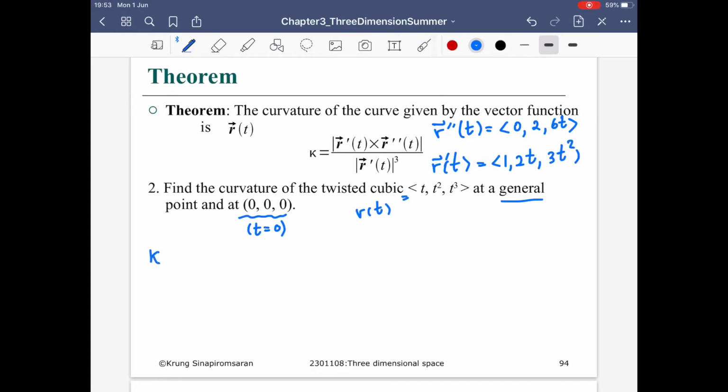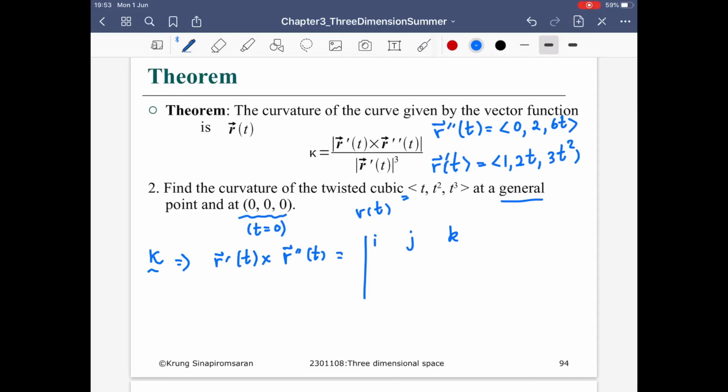So let's look at the kappa at the general point t. What you need to find first is the length of your r prime cross your r double prime of t.